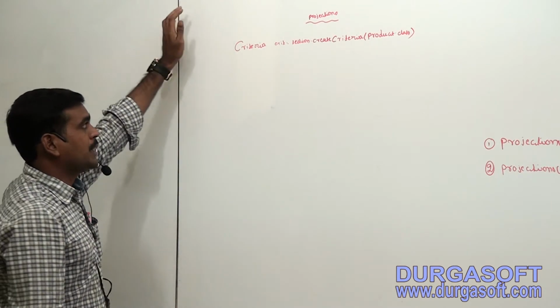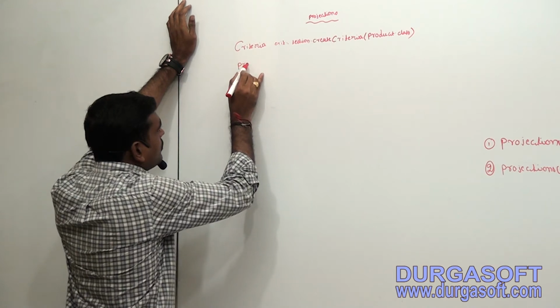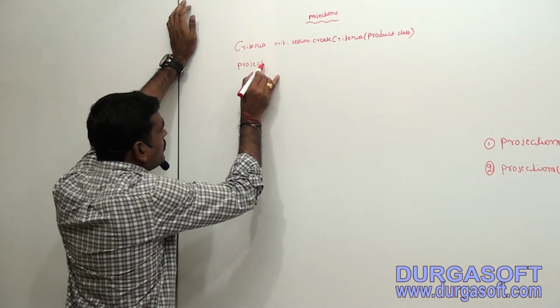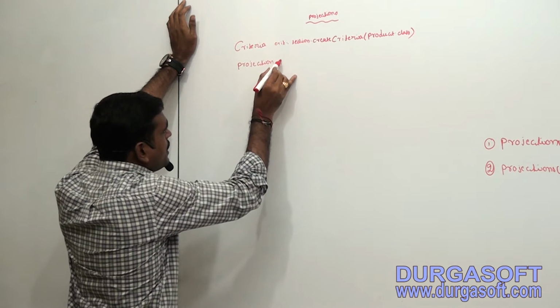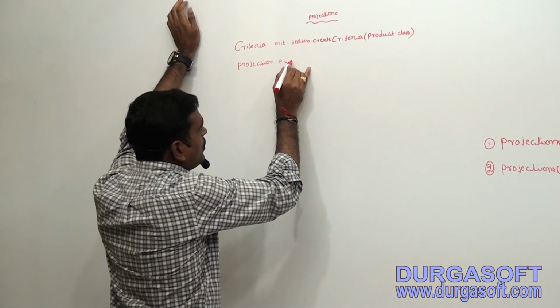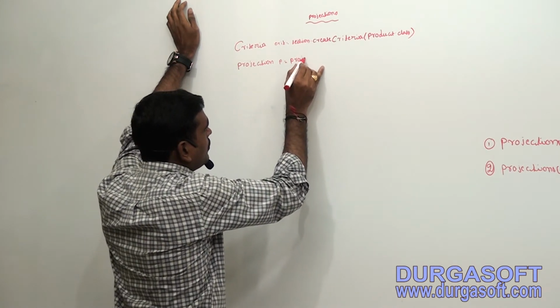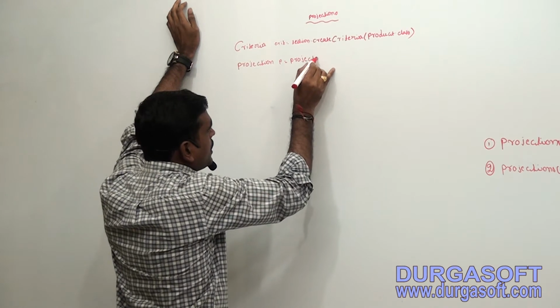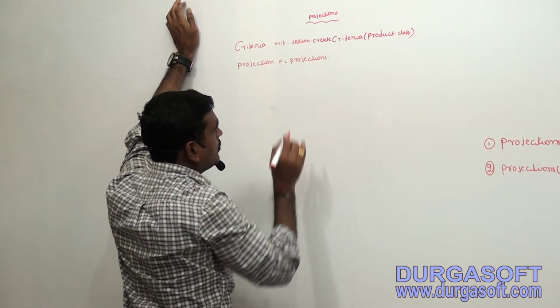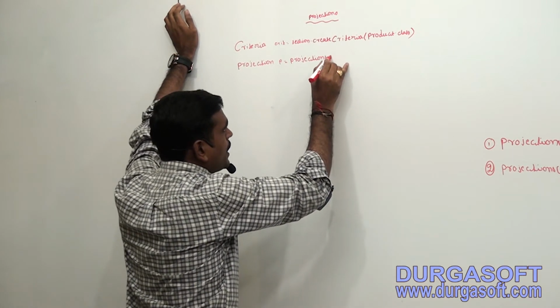The next after that, Projection P is equal to Projections dot property.